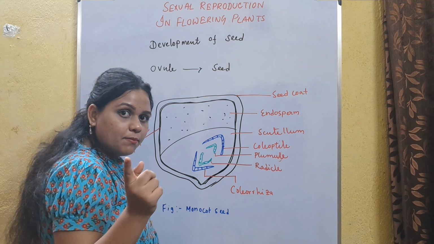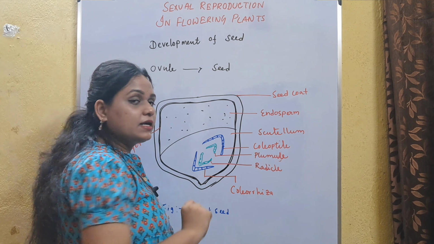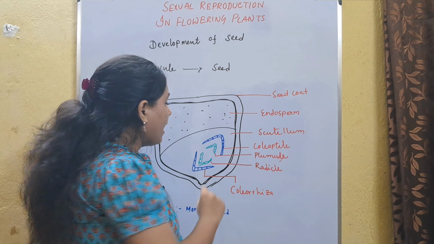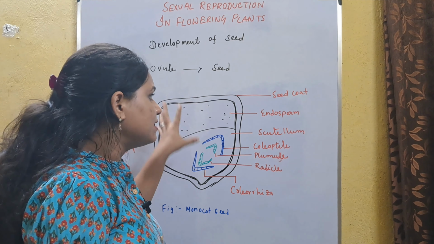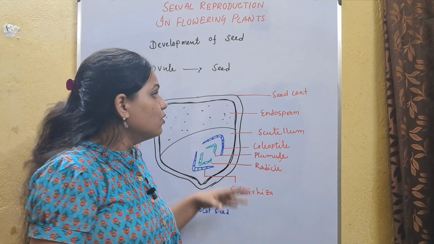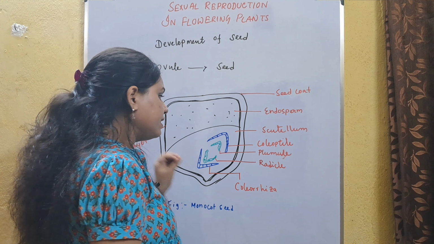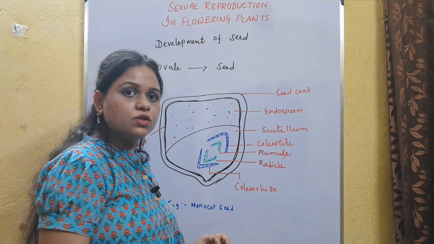So remember, plumule is protected by coleoptile and radicle is protected by coleorhiza. This is the structure of a monocot seed. The seed coat is the external covering of the seed, present in both monocot and dicot seeds. Hope you can understand the structure of a monocot seed.